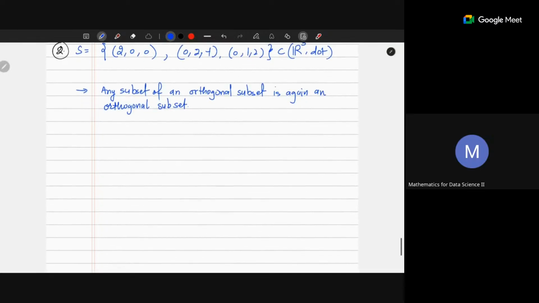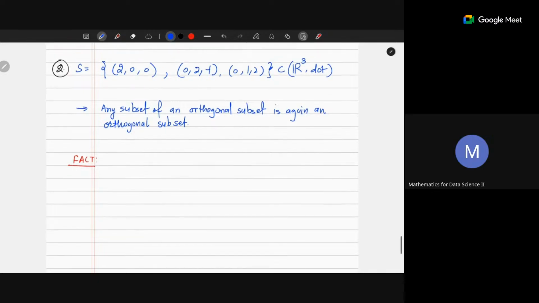Now there is an important fact about these orthogonal sets. Check whether the subset given in option 2 is linearly independent or not. Since you are working in R3, how do we check whether a given set of 3 vectors is linearly independent? Take the determinant.